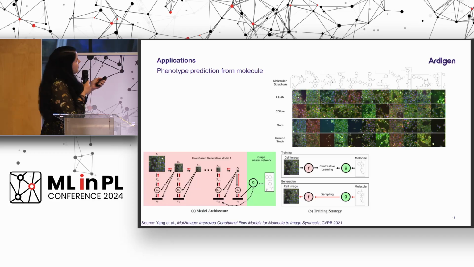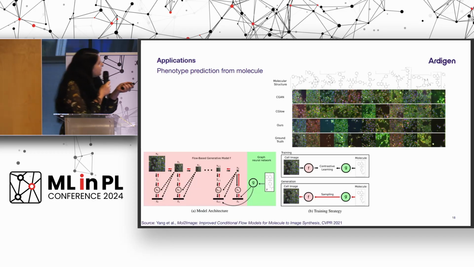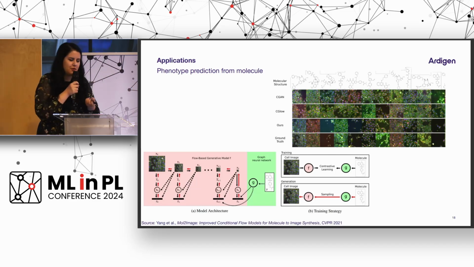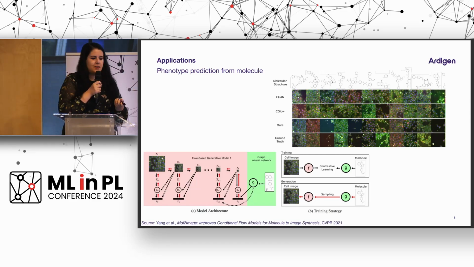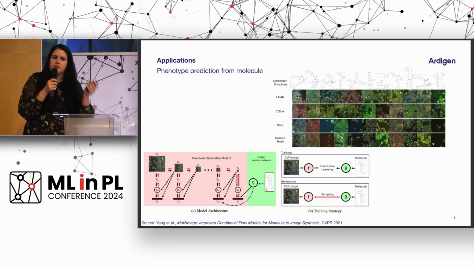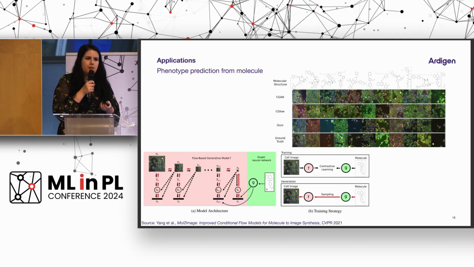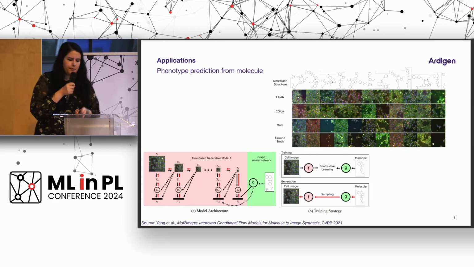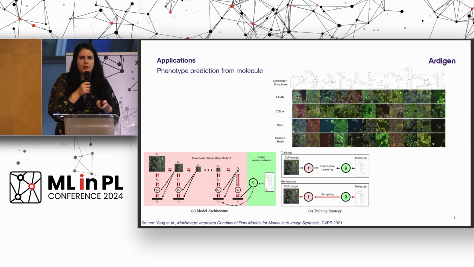Here are examples of how they look, and the ground truth. It is very subjective whether it's working or not, but there are also those applications, as well as things like trying to predict stains like Cell Painting straight from the bright field image, from grayscale to the colorful one. So these were the applications where we can use deep learning for high content screening.